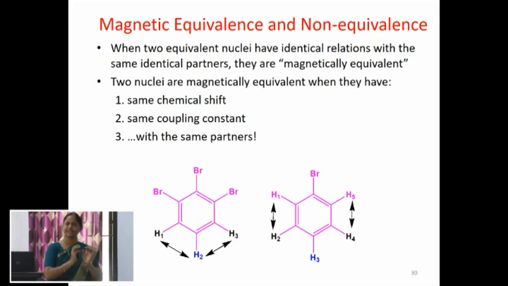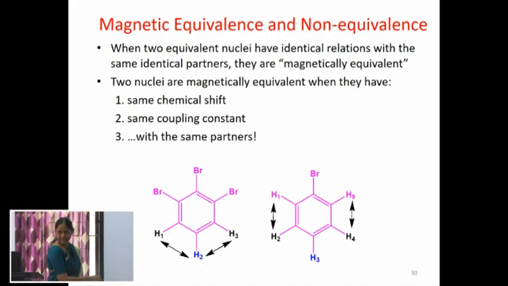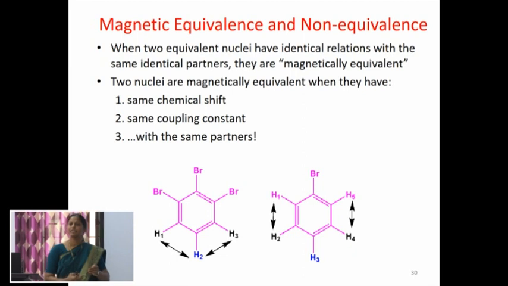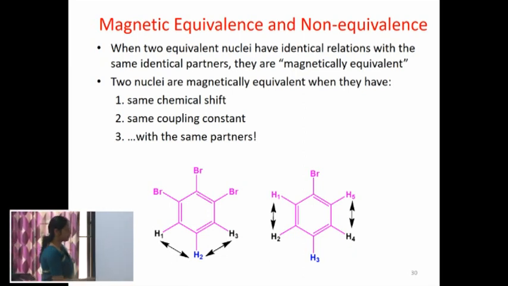For this case the para coupling constant is very small, so you are not observing it, but I will take some other example as well. The point I would like to highlight here: H1 and H5 are chemically equivalent, but H1 has the ortho coupling with H2, while H1 and H4 have the 1,4 or para coupling. So the coupling constant is different.